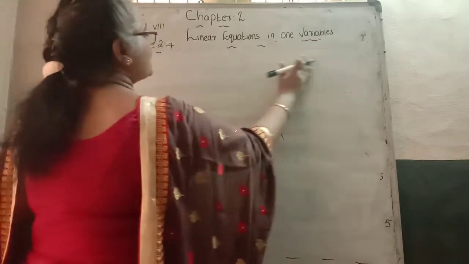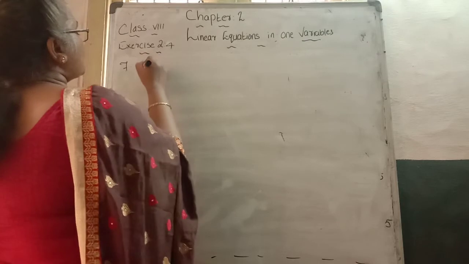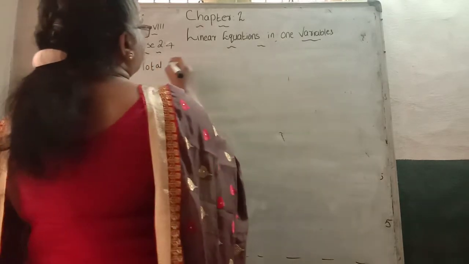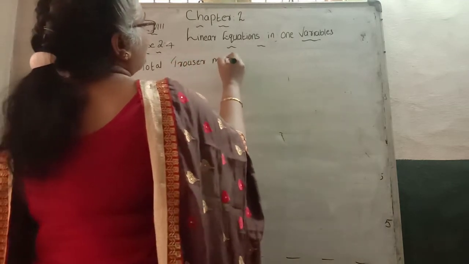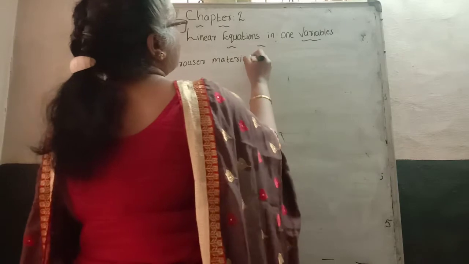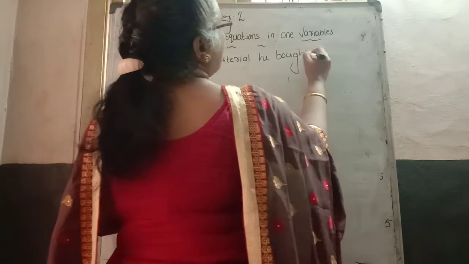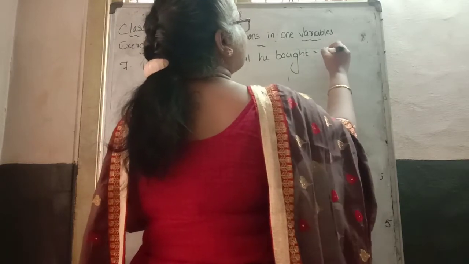So we can start. We don't know how much material he purchased. So the total trouser material he bought is equal to, we don't know, so consider it as x.